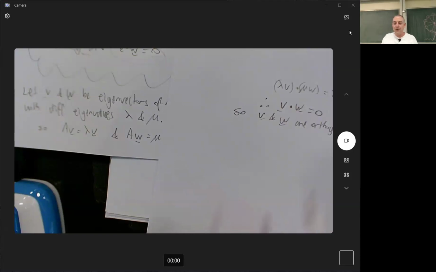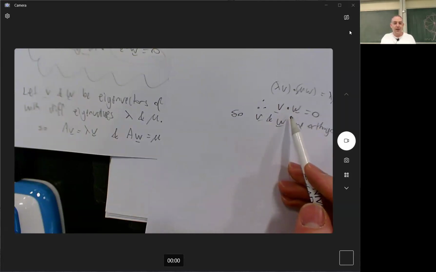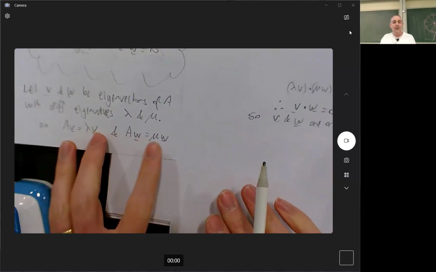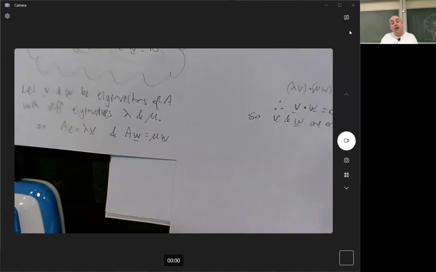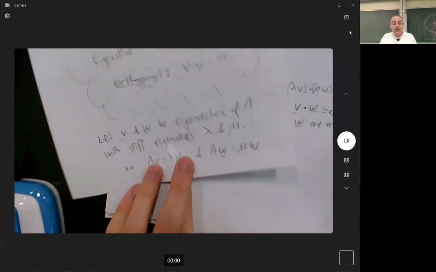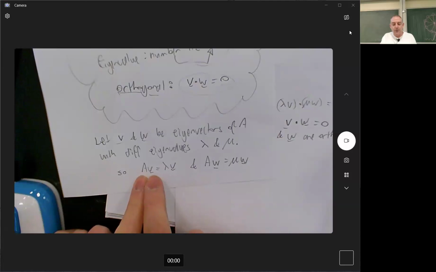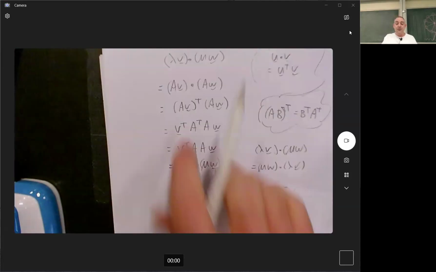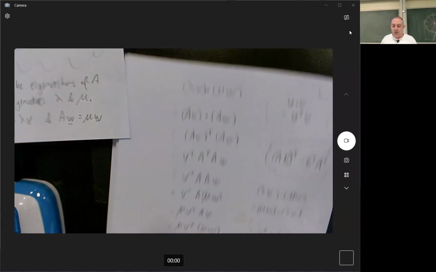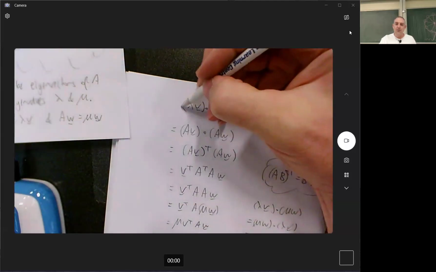I went, okay, well, I've got a v dot w here. I do have some things with v and w in them. Why don't I dot them together and see what happens? Now, it might have been okay to just directly dot Av dot Aw and just work from that directly. I didn't necessarily have to start with this. Actually, you know what? I could have not put this first line in.